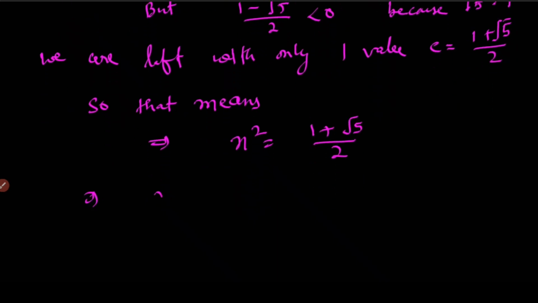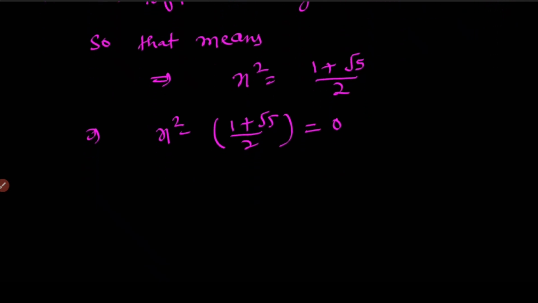Now n square minus 1 plus root 5 by 2 equal to 0. So which means n square minus the square of the root of 1 plus root 5 by 2 equal to 0.